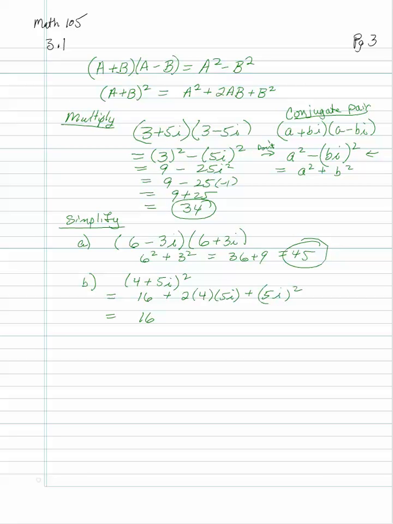I should have written that as 4 squared, but okay. 2 times 4 times 5 is 40i, minus 25. So where did the minus come from? Because 5i times 5i is 25i squared. The i squared makes the negative. So we get negative 9 plus 40i.